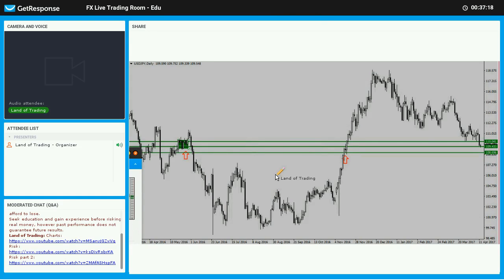What else can we see here on the daily chart, from my perspective, and where we may see bigger demand? It is here.